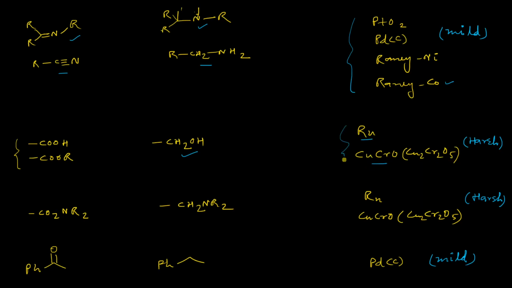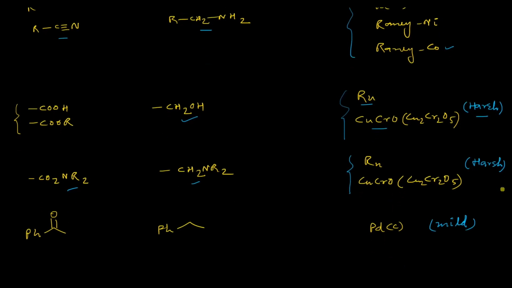In both these catalytic conditions, harsh reaction conditions are basically applied. In the same way, you can transform an amide into the corresponding amine by using the same catalyst, that is ruthenium or copper chromite.